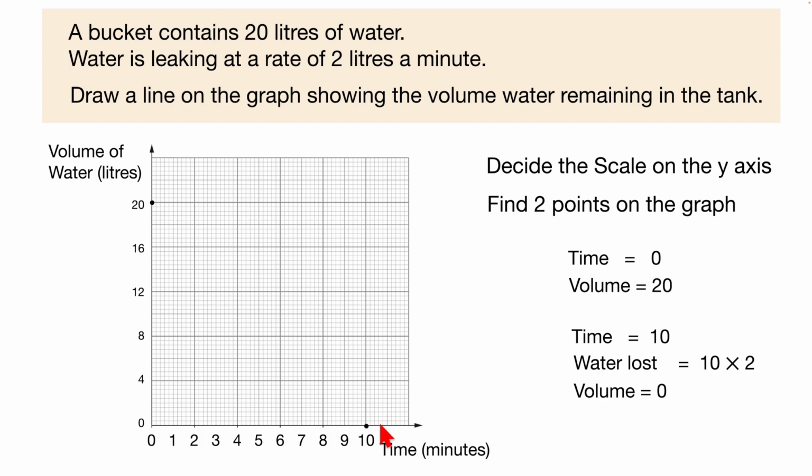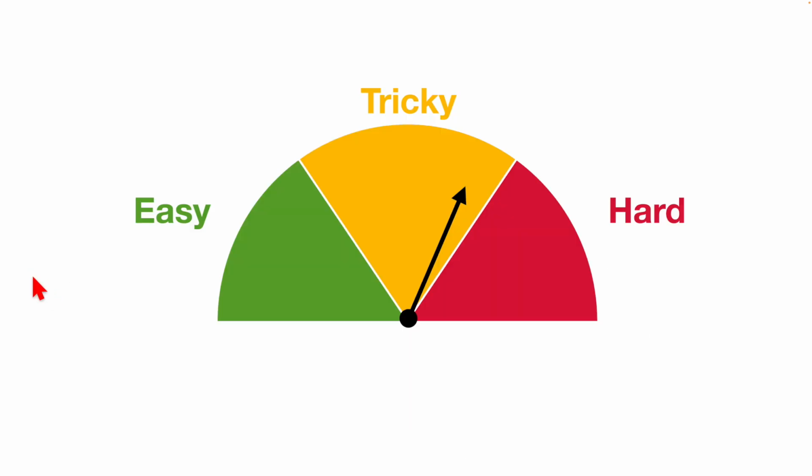So we can put a point here and draw our line. Is that right? Well, we start off with 20. We lose 2 litres a minute. After 10 minutes, we're going to have no water. That seems fine. After 5 minutes, half the water's gone, and that's equal to 10. Yeah, that's good.